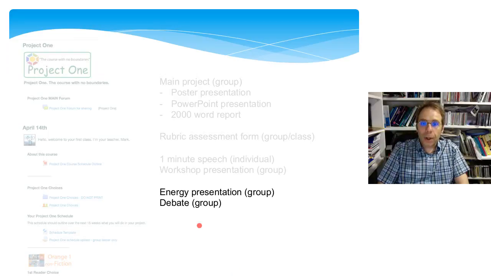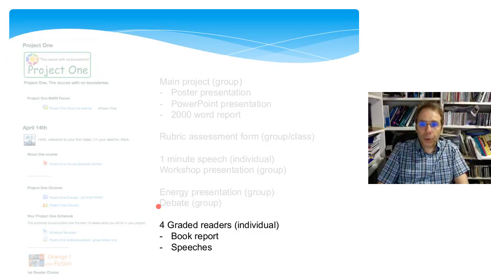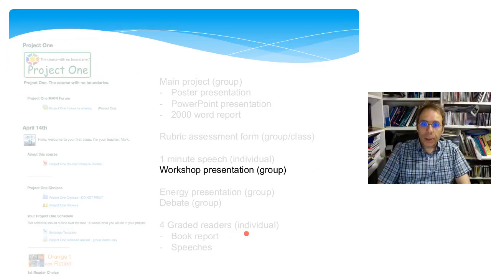And then we also have an energy presentation and a debate, and this is all group-based. And then also we have graded readers, and this is individual, but they do book reports and they do book speeches. Okay, so these are the main components of the course. This is what the students have to do, so they're very busy. And what I want to focus on right now is the workshop presentation.